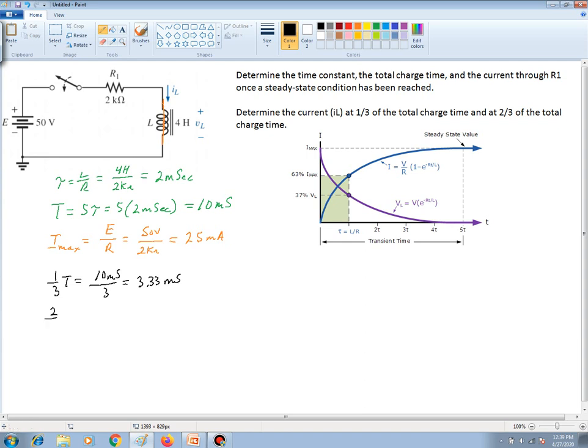And 2/3 of the total charge time is 10 milliseconds multiplied by 2/3, which is equal to 6.66 milliseconds. Using the equation to solve for I, we can work out these problems now.